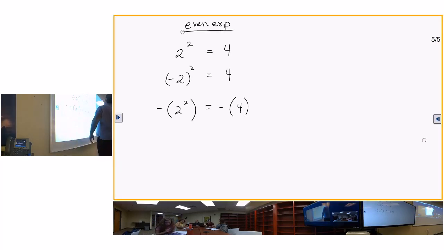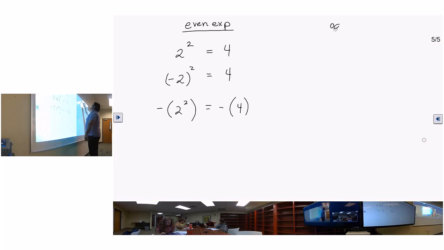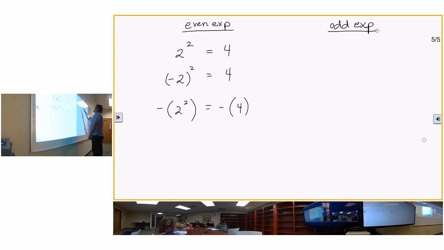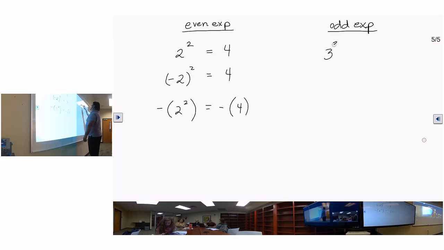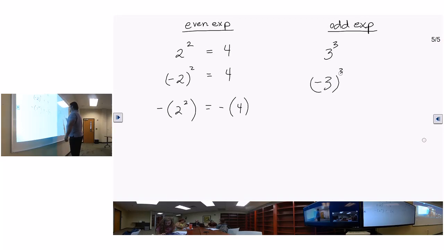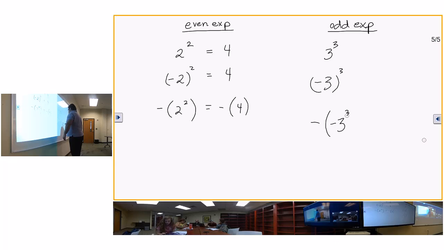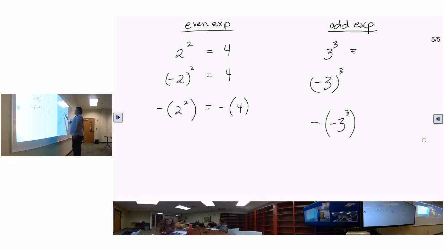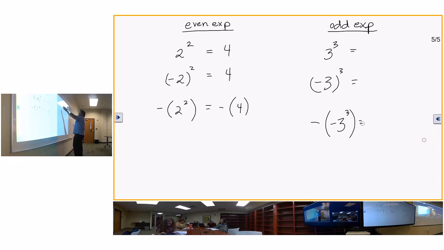If you have an odd exponent, I'm going to go with the 3rd power. Negative 3 to the 3rd power, and negative 3 to the 3rd power. Okay? 3 to the 3rd power is positive, that's 27.